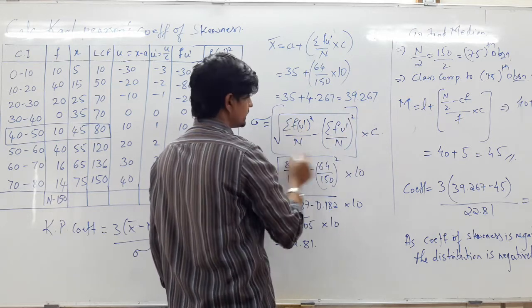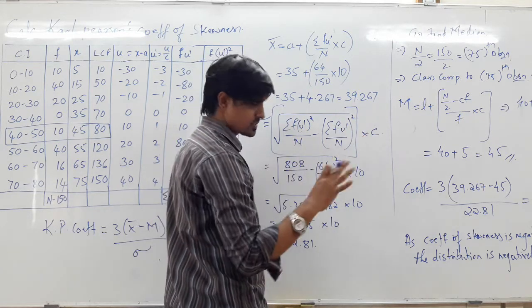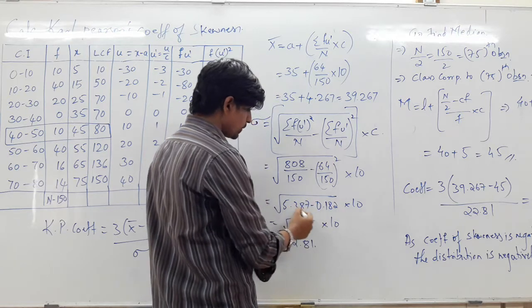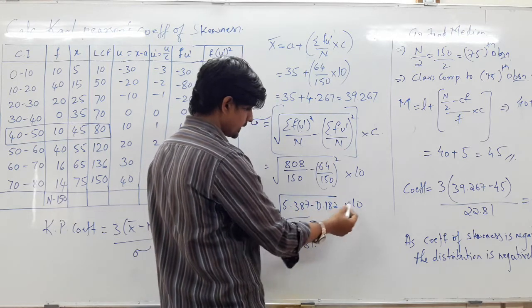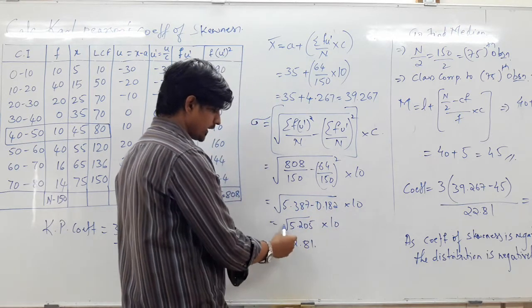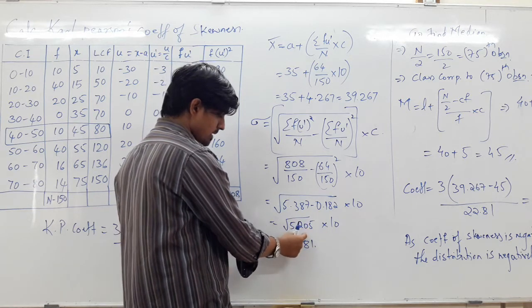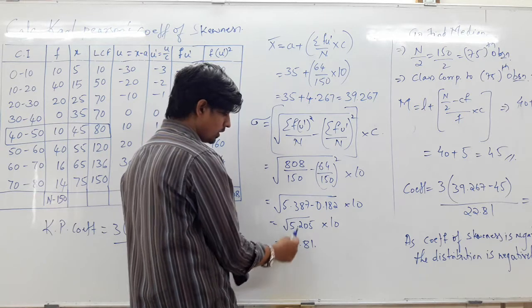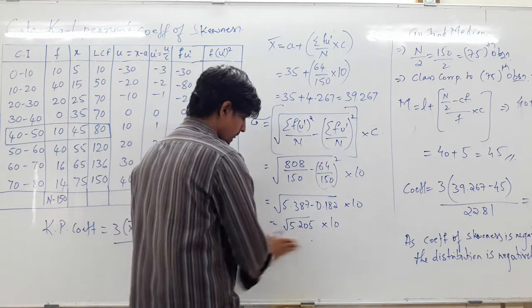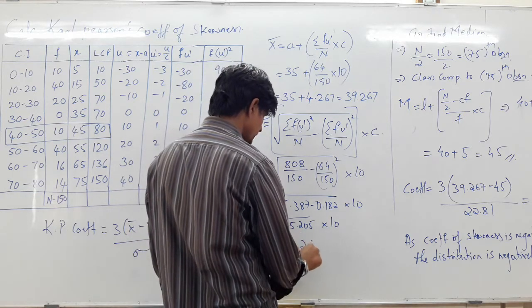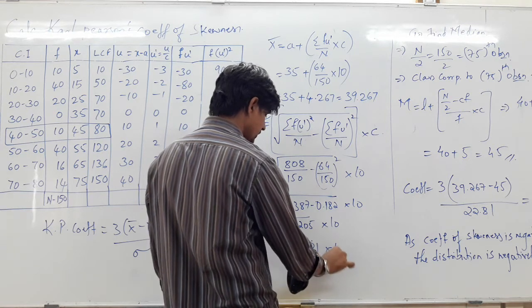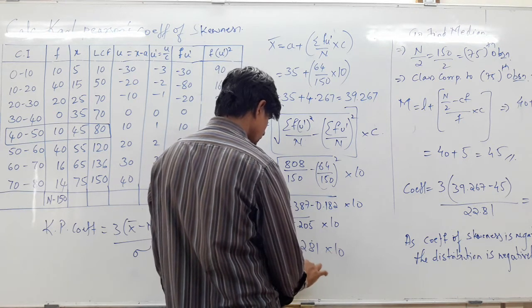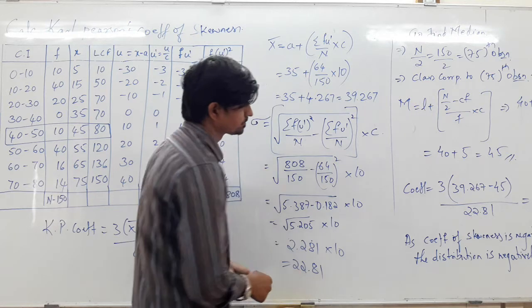Remember, this c, the 10, is outside the root, not inside the root. So 5.388 minus 0.182 is 5.205. Take the root of this, which is 2.281, multiplied by 10, gives 22.81.